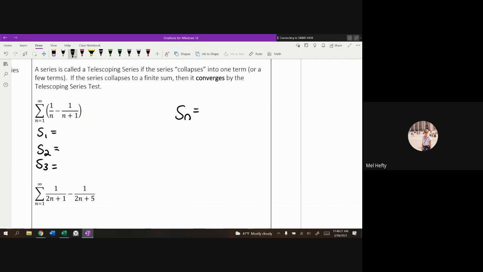So my first partial sum is just my first term. I'm going to do 1 over 1, which is 1, minus 1 over 1 plus 1, which is 1/2. I'm not going to subtract those. I'm just going to leave it. My S sub 2 is going to be that term plus, if I plug in 2, 1/2 minus 1 over 2 plus 1, 1/3.